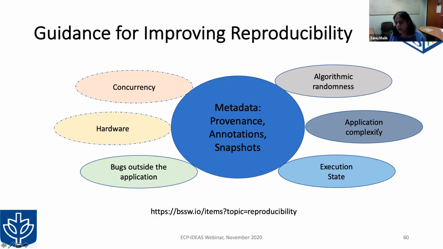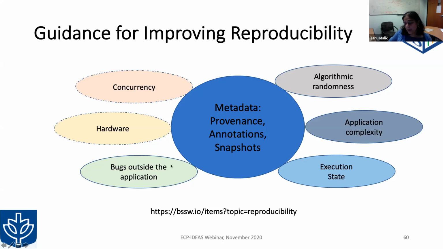We can identify that your application is using a library which is itself dependent upon accessing the RAND system call. So we can identify things like that. We can identify application complexity, how complex it is. We can also determine the execution state at different points by doing checkpointing, and that's additions that we are doing to Sciunit, so that we can capture that state as well.